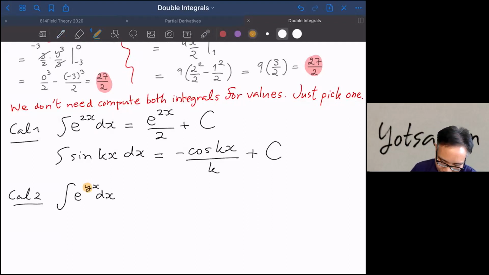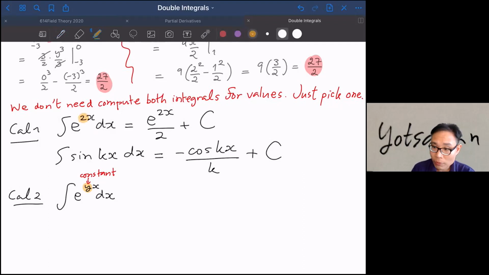The thing you need to ask yourself is, what are you doing? You'd like to integrate with respect to x, so this y will become a constant. You can treat this number like the number 2 that you had in calculus 1 before.